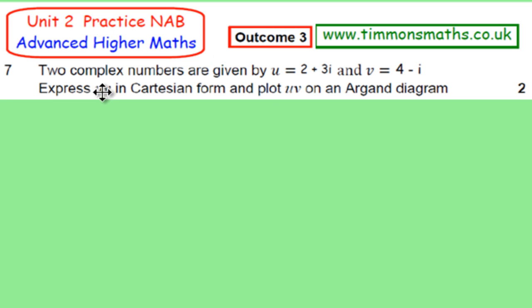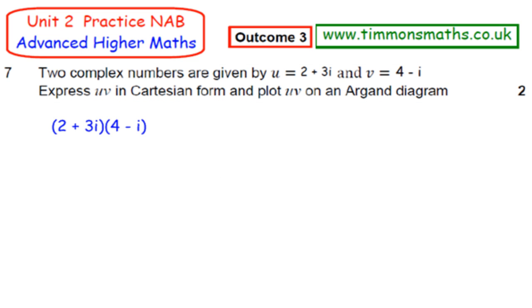First of all, we're asked to work out uv in Cartesian form. So we multiply 2 plus 3i times 4 minus i, and we put each of them in brackets. We then multiply out these brackets. 2 times 4 is 8. 2 times minus i is minus 2i. 3i times 4 is plus 12i.